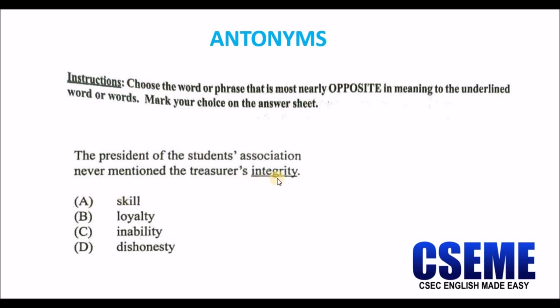So is it skill? No. Skill is no. Is it loyalty? Loyalty would not be a close synonym, but it might most nearly be similar, right? So that would be automatically out because we're looking at opposite, and it's very important as you're doing antonyms that you keep drilling in your mind.